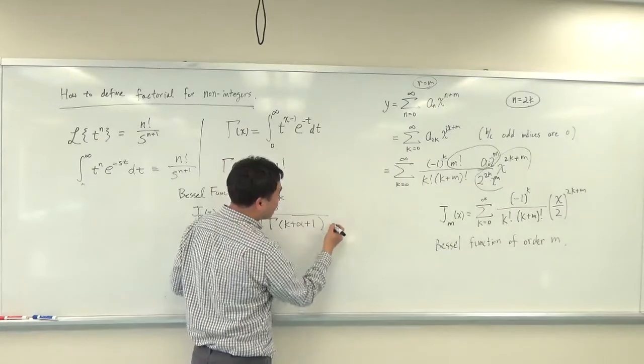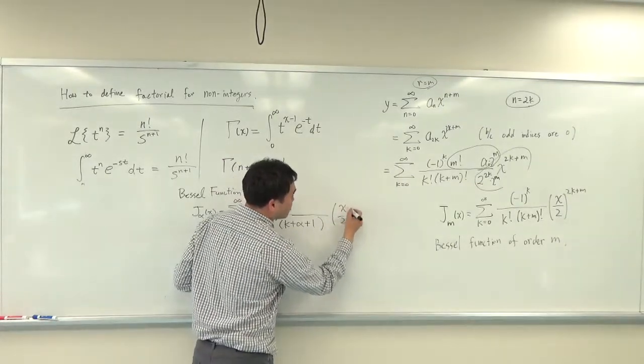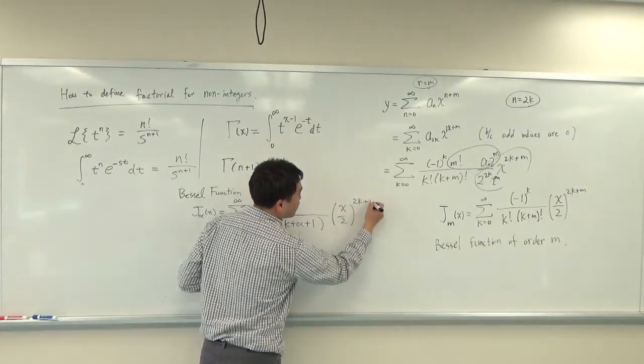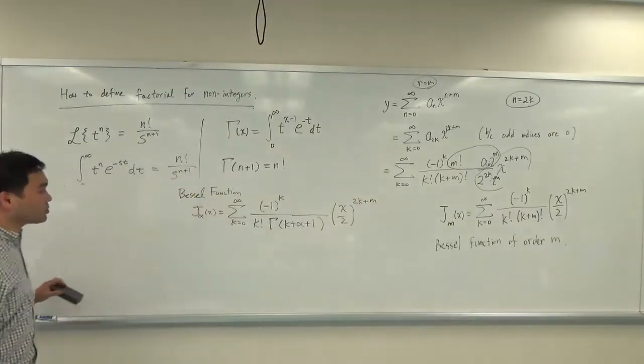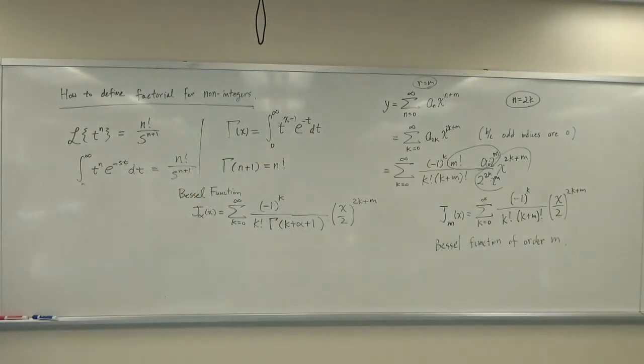And then you have x over 2 to the 2k plus alpha. So that's your gamma function.